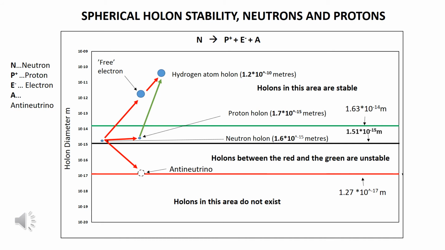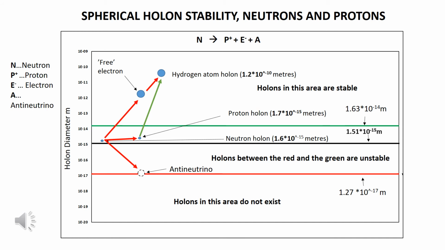Now this explanation, which undoubtedly fits experimental facts, is adequate as far as it goes, but begs some important questions. What, for instance, drives this decay? How come a neutral particle emits a positively charged particle and a negatively charged electron, even though these unlike charges should attract each other with a powerful electric force?